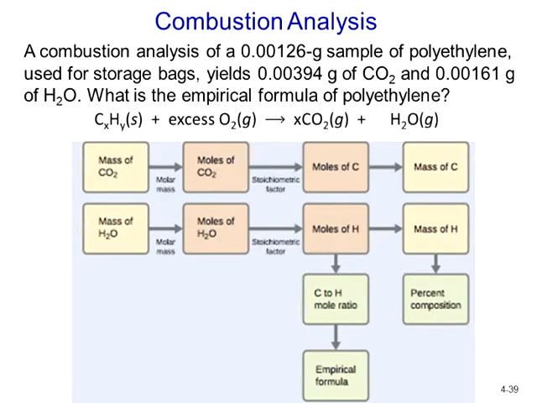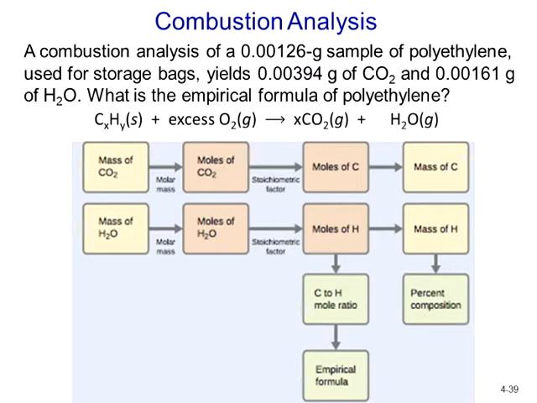So consider this example. A combustion analysis of a 0.00126 gram sample of polyethylene, which is used for storage bags, by the way, yields 0.00394 grams of carbon dioxide and 0.0016 gram of water.